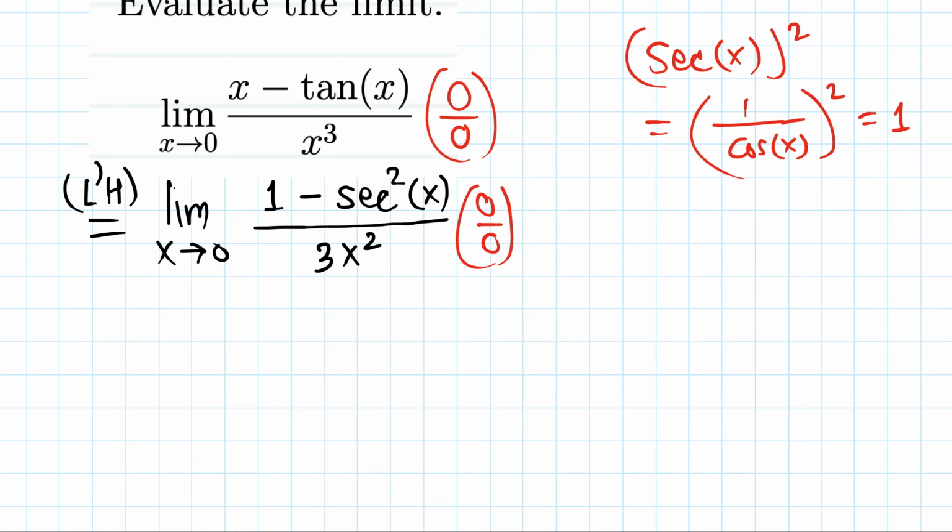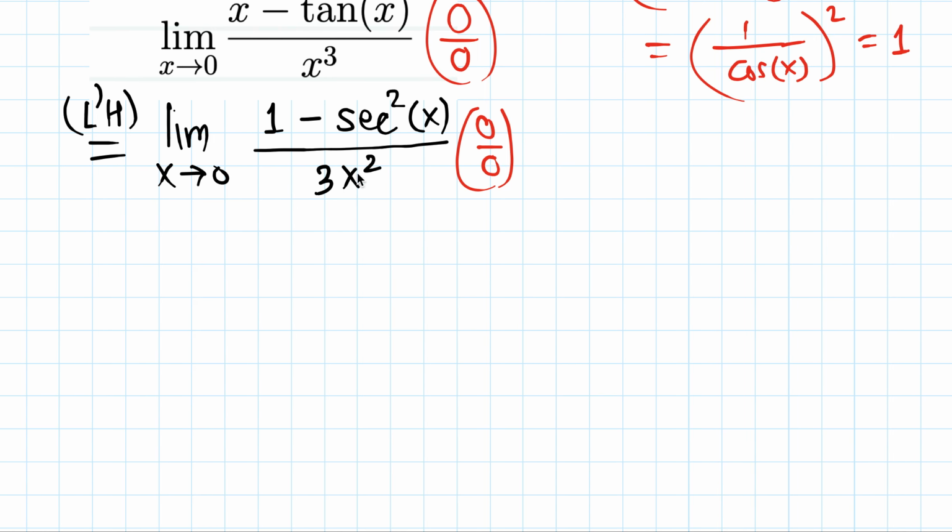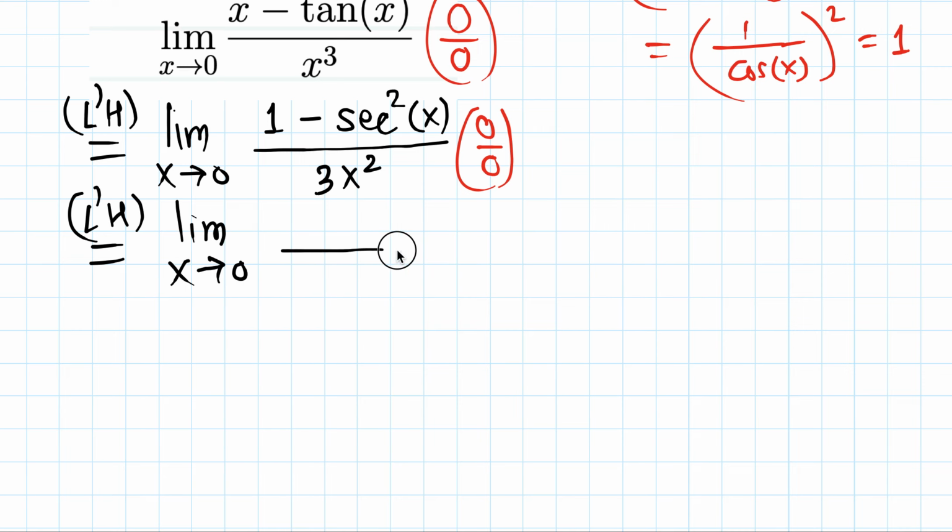That means we can apply L'Hopital's rule one more time, because we can't factor anything on the top and bottom and cancel. There is nothing to factor. So L'Hopital's again: the limit as x goes to 0 of, on the bottom, the derivative is 6x, that's the easy part. On the top, the derivative of 1 is 0, no need to write, minus the derivative of secant squared x.